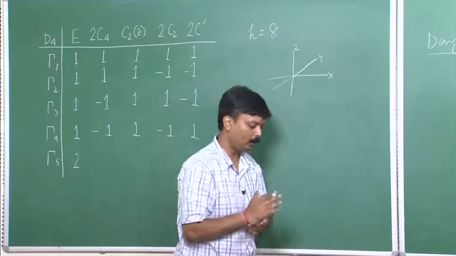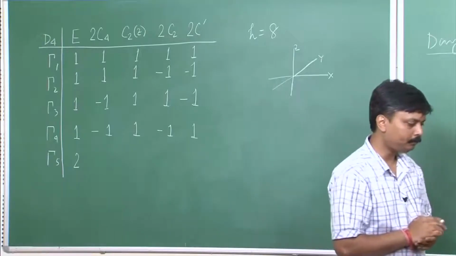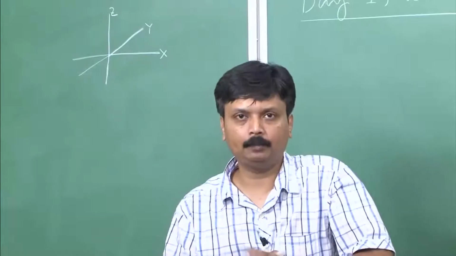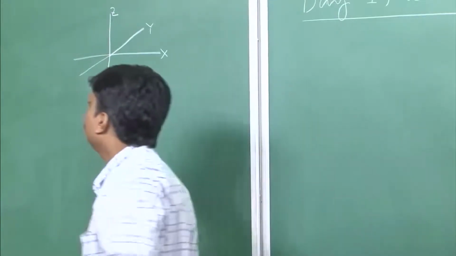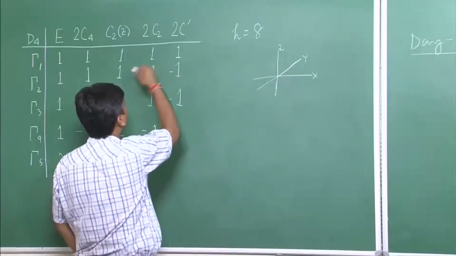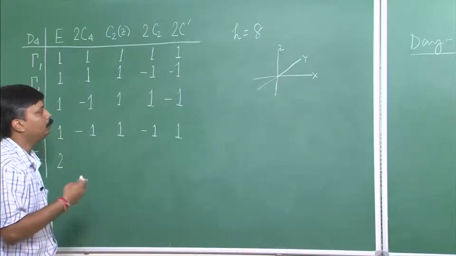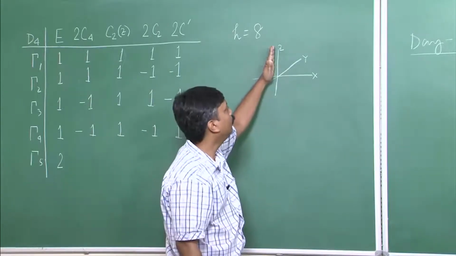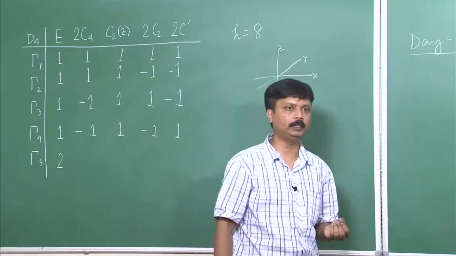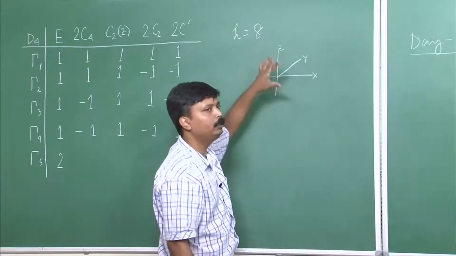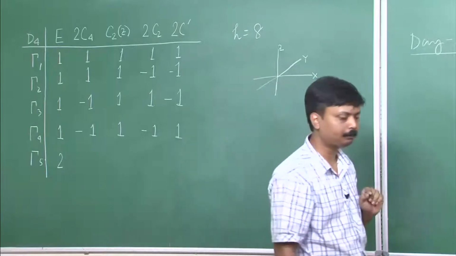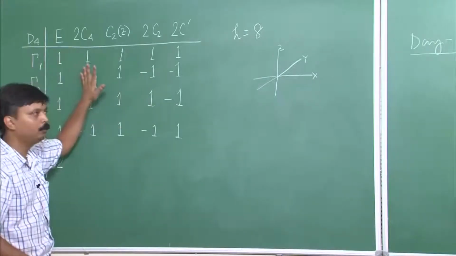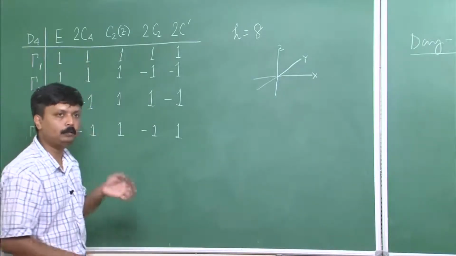Now, one important thing is that the z axis remains unchanged. So, under most of these operations, the z axis can independently form an irreducible representation, and therefore, this will give you a one-dimensional representation. The one-dimensional representations for this particular group we have already found, and we are looking for the two-dimensional representation.